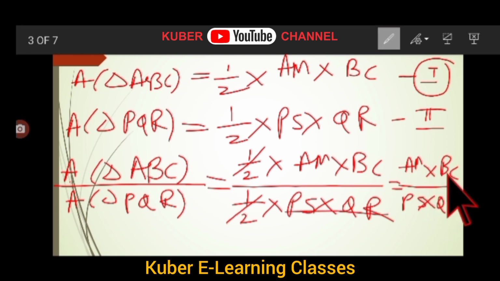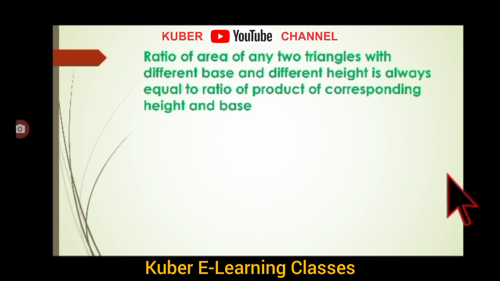More clearly, this is the first property we have seen: the ratio of areas of any two triangles with different base and different height is always equal to the ratio of the product of their corresponding height and base.